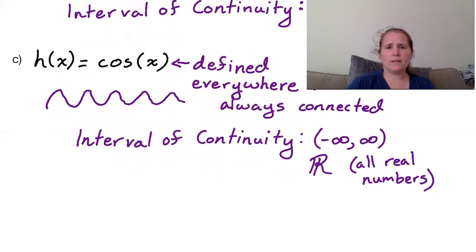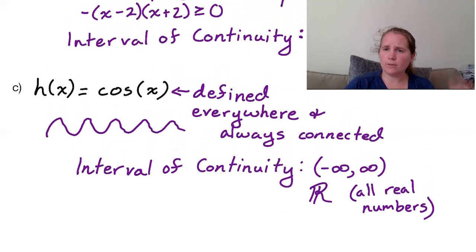So that's how we go about finding intervals of continuity. Mostly, we're essentially just looking for where the function is defined. If it's undefined somewhere, or in the case of piecewise, where we transition, check that the limit exists.